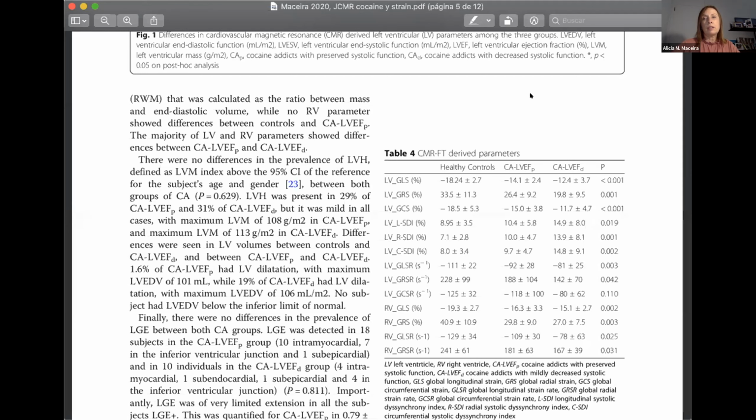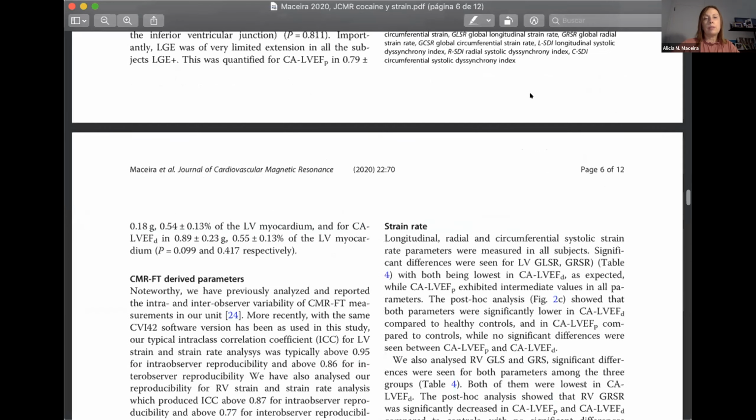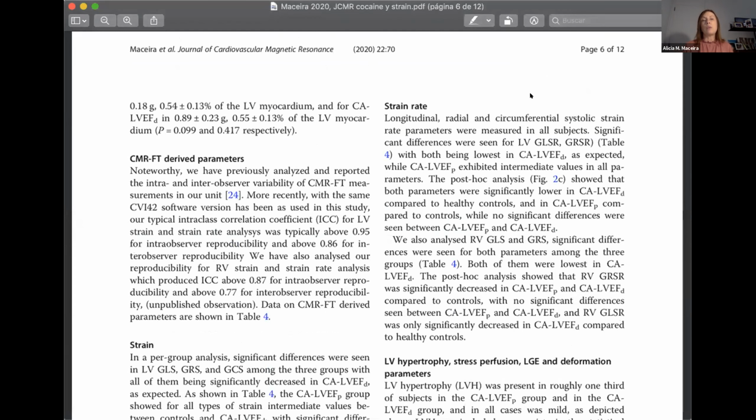In the post-hoc analysis, we observed that cocaine addicts with preserved ejection fraction had left ventricular longitudinal, radial and circumferential strain which was intermediate between the controls and the cocaine addicts with depressed ejection fraction. And it was the same, most surprisingly, for the right ventricle.